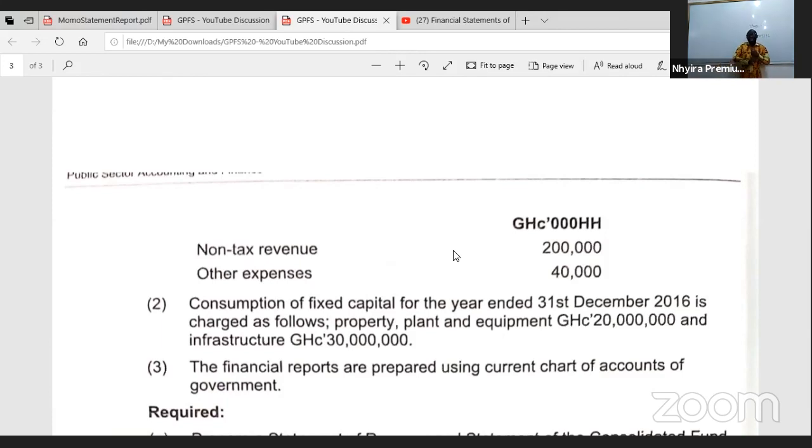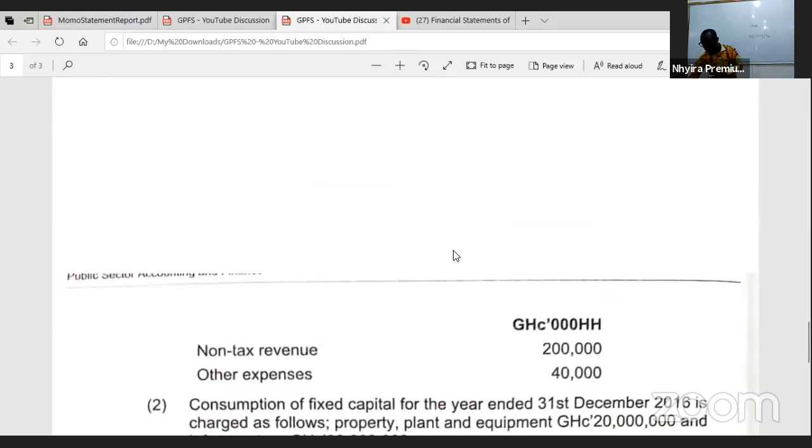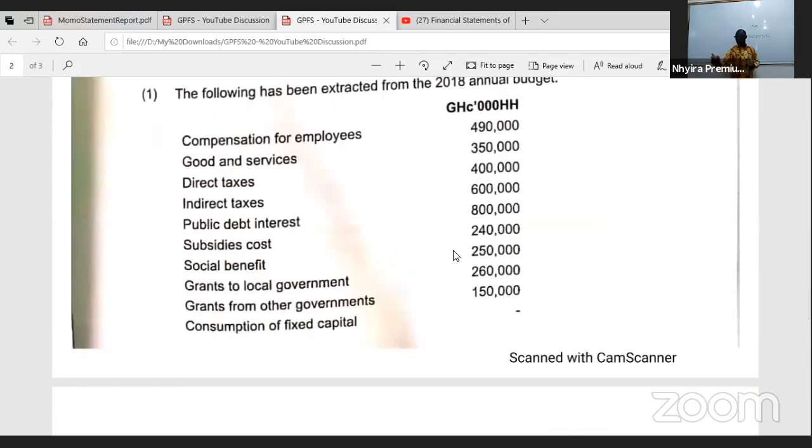Then at the expenses column, we're going to have compensation of employees. So literally, we are given a clue on what we are supposed to do based on even the extract of the budget. From the extract of the budget, we see the headings of the items that we are going to be looking at in the question.